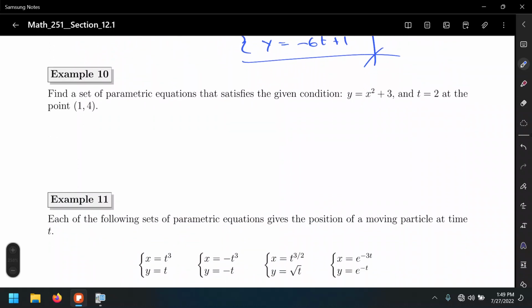situation in parametric equations is to find a very particular parametric set of equations that satisfies a condition. Number 1, well, it's a parabola y equals x squared plus 3, but in this case at t equals 2 and contains the point 1 comma 4.